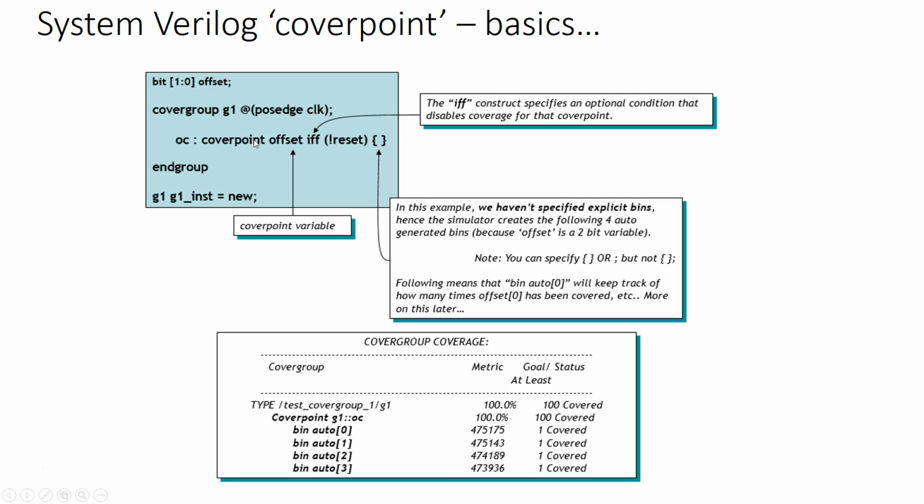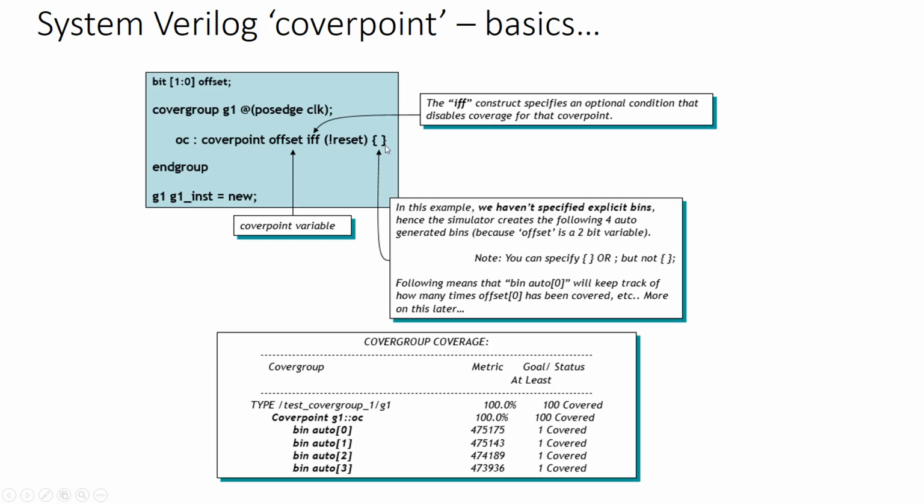The design is still under the reset condition. The other thing I'm showing here is two squiggly brackets. In the earlier slide, you didn't see those, which is fine. And I will tell you what happens if you don't put those in the upcoming slides.